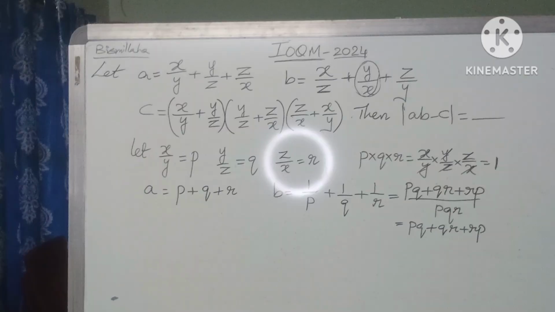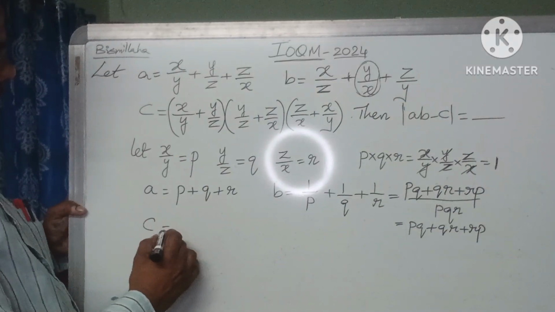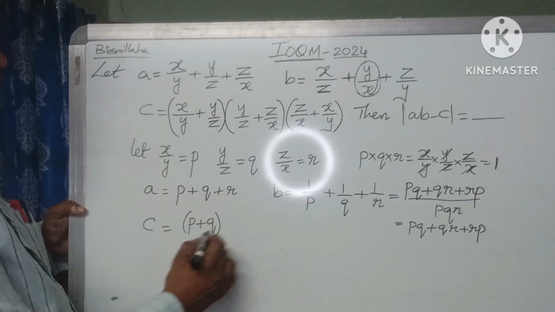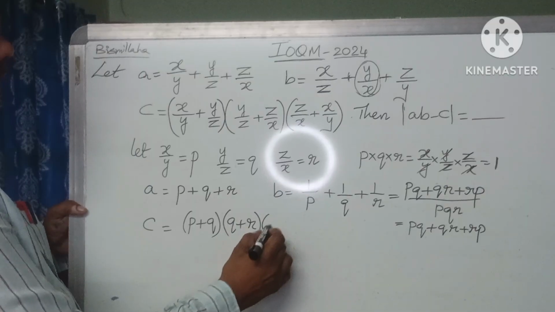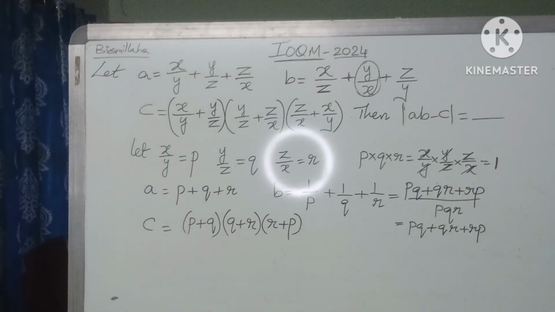Now if you take the value of C, C is equal to (P plus Q) into (Q plus R) into (R plus P). So here this is a very important formula.